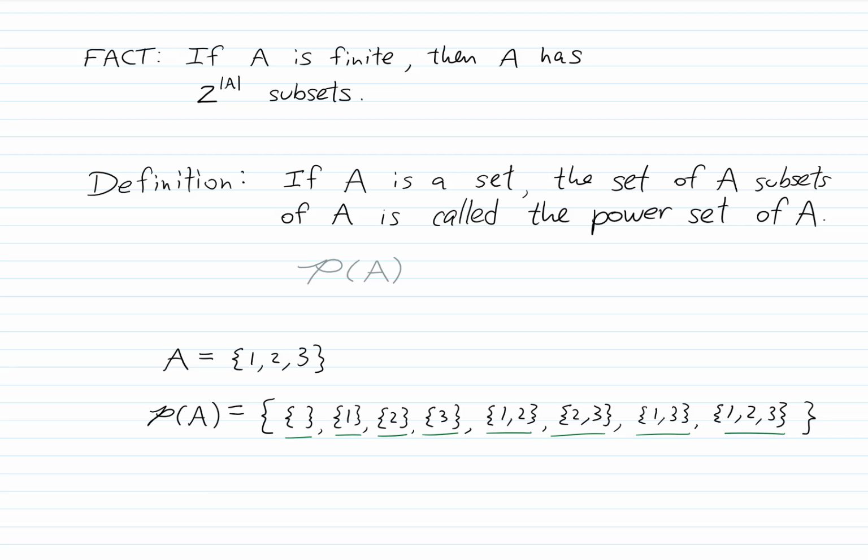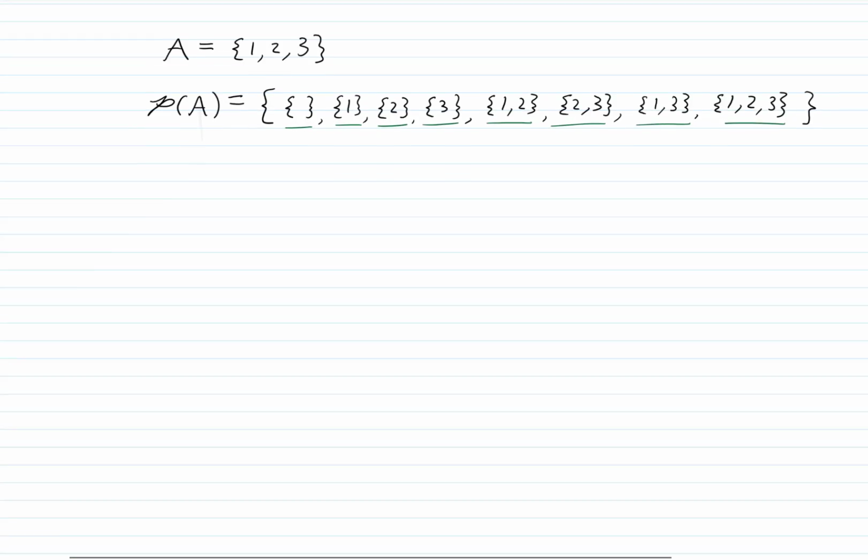Now let's just do a couple of easy questions here. Some true or false questions, just to see if you've got this. I'm going to write some statements. Is 1 an element of this set?